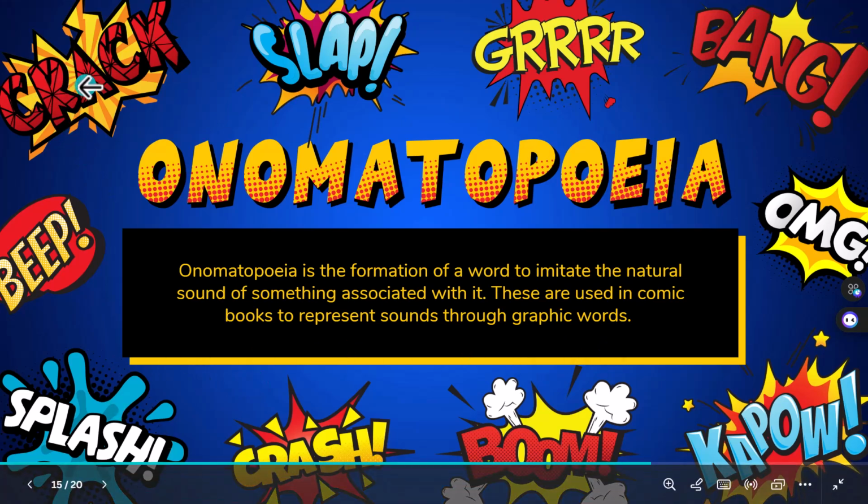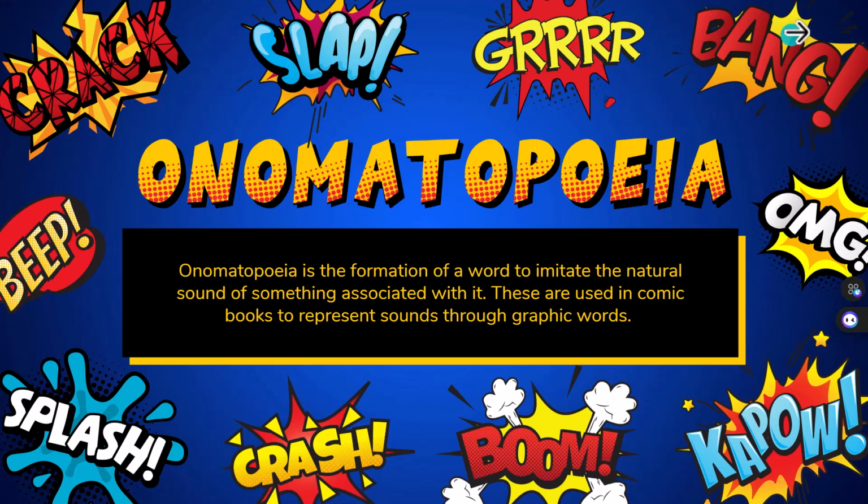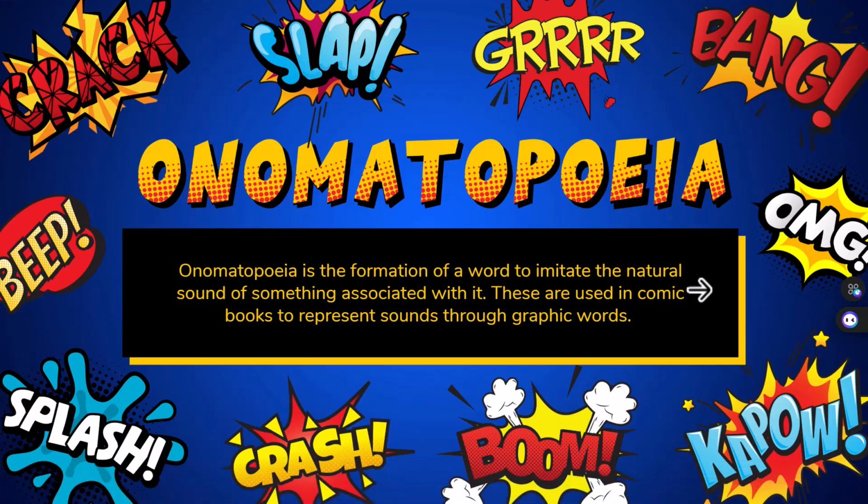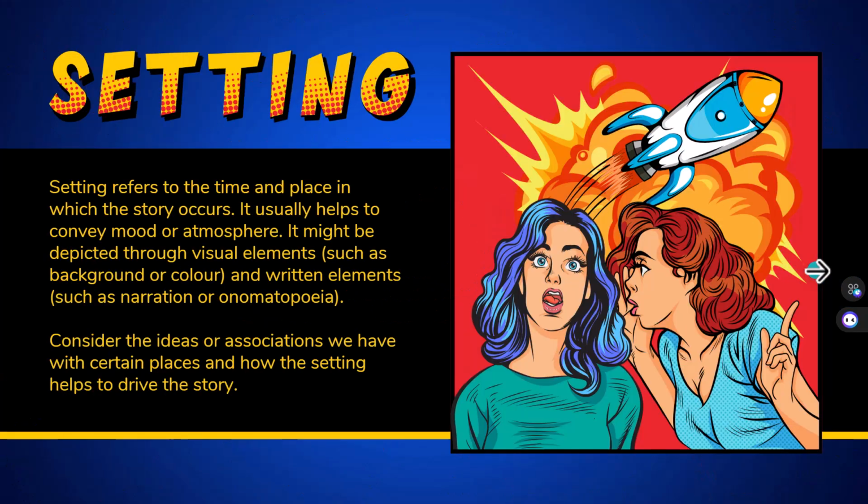So you have crack, you have slap, you have bang, you have kapow, you have boom, you have crash, you have splash. So these are onomatopoeia. They are words meaning a sound, like the spelling of a sound, like I have shown you beep, like when a machine beeps. Yes, so we have all these right now, and we're going to talk about using onomatopoeia in your settings.